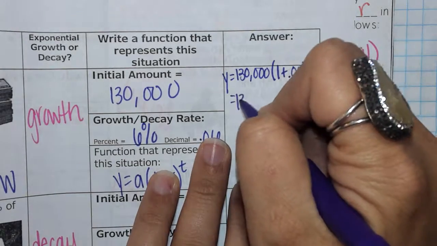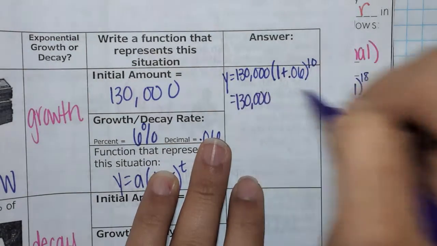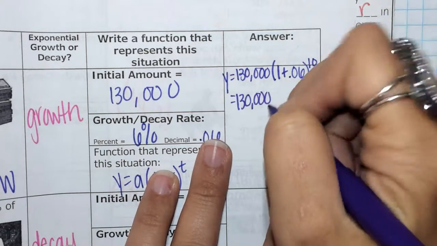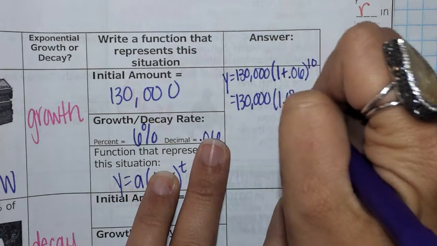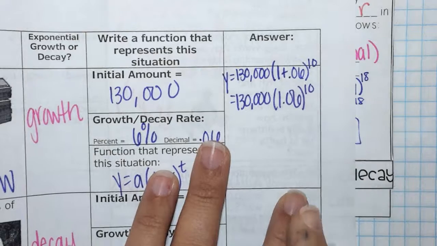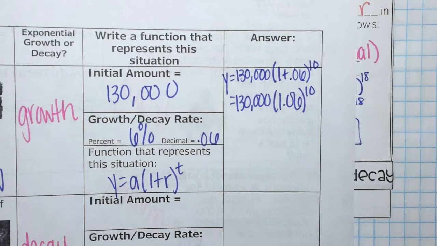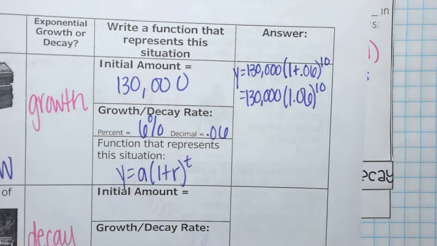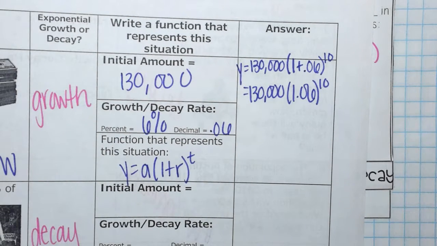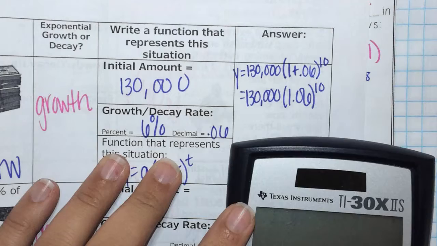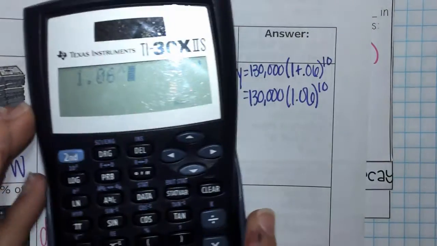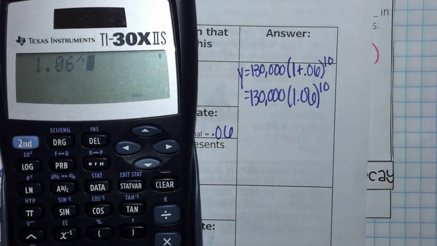Okay, so now we just add it together. What's 1 plus 0.06? And now is when our handy-dandy calculator comes into play. So you're going to plug it into your calculator. You're going to do 1.06 and then the caret button. And you're going to raise it to what power?